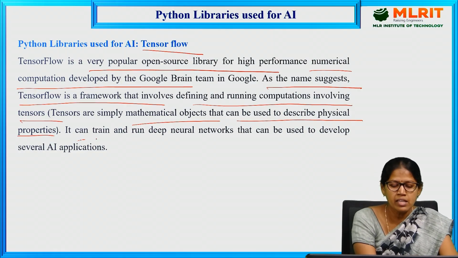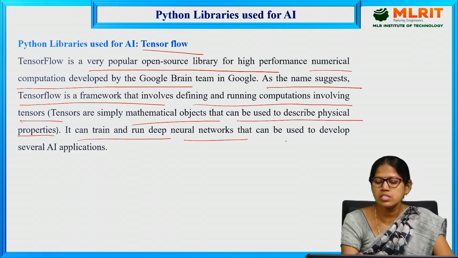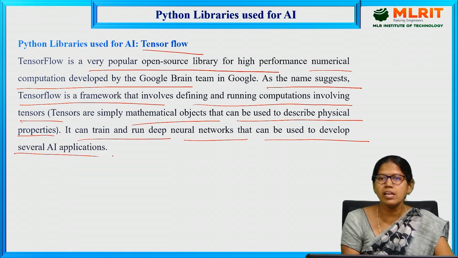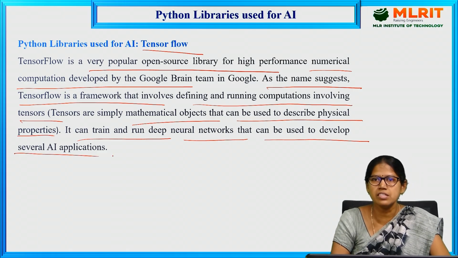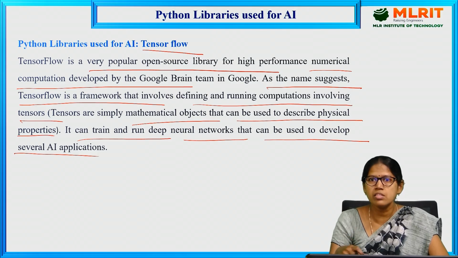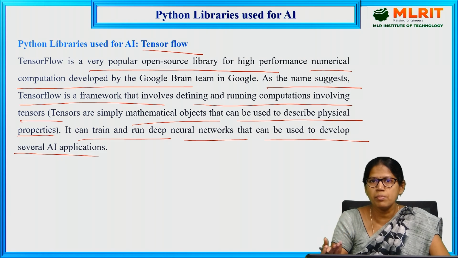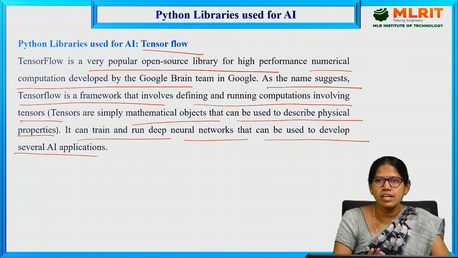It can train and run deep neural networks that can be used to develop several AI applications such as face detection, handwriting detection. For doing all these things, we need AI. Either you want image recognition, classification, or handwriting detection, we need an AI model to perform certain tasks. For that we need TensorFlow.